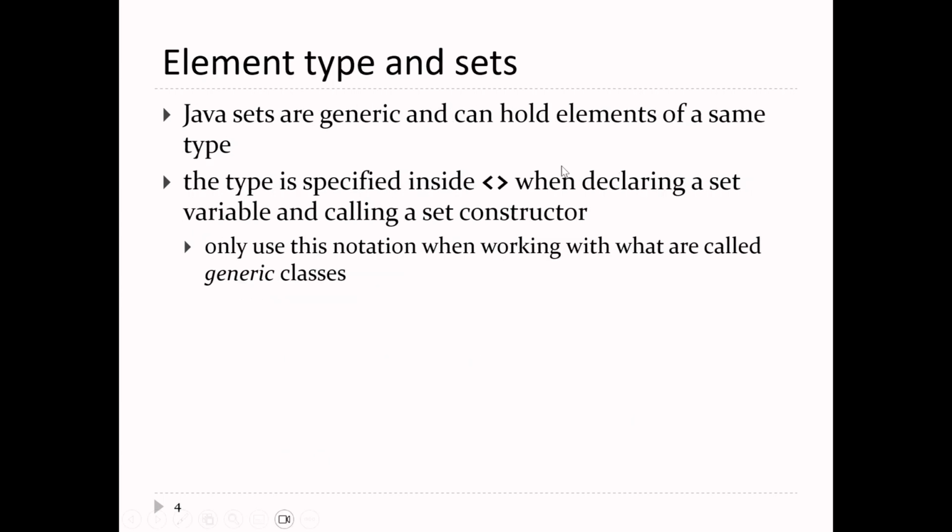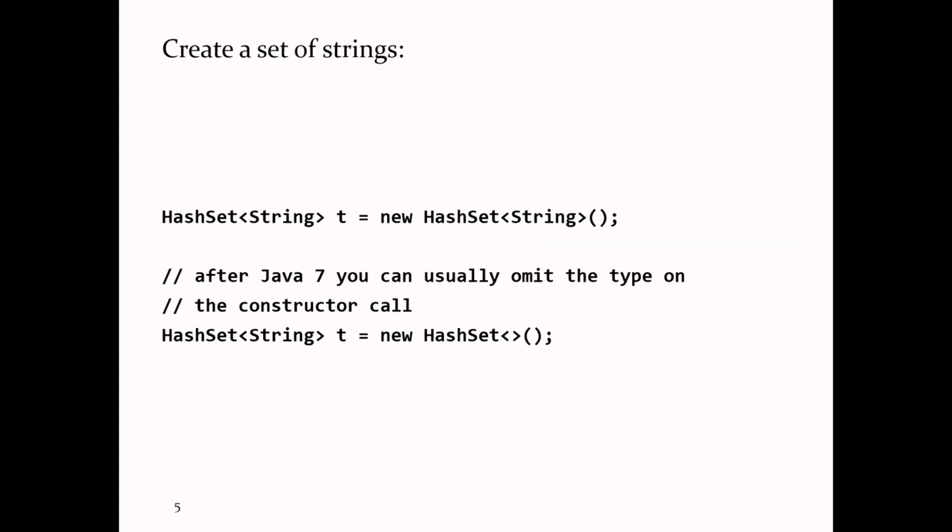So just like lists in Java, sets are generic, so they are parameterized by the element type. So just like a list, you need to use this angled bracket notation and put the element type in when you make the set. So for example, if I want to make a HashSet of String, you write HashSet, angled bracket, and then String. How do you make the HashSet? Well, you call a constructor. So you write new, and then HashSet.